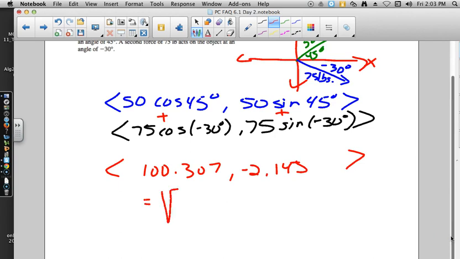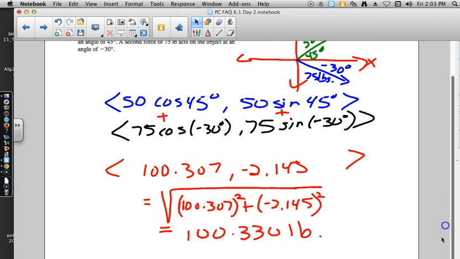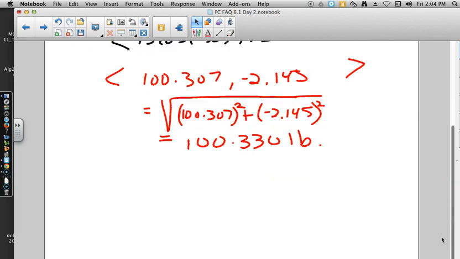So that'll be the square root of 100.307 squared plus negative 2.145 squared, and that comes out to 100.330 pounds.